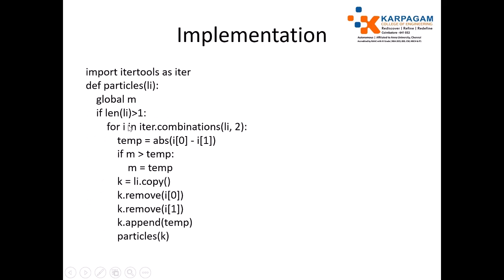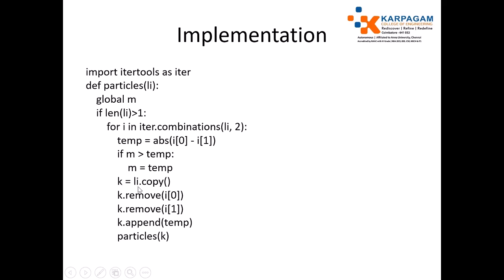So it holds a minimum value. Initially m holds the minimum value in the list, which is compared with the absolute difference of i of 0 and i of 1. If temp is less than m, we set m equal to temp, which is always storing the minimum size of the particle.